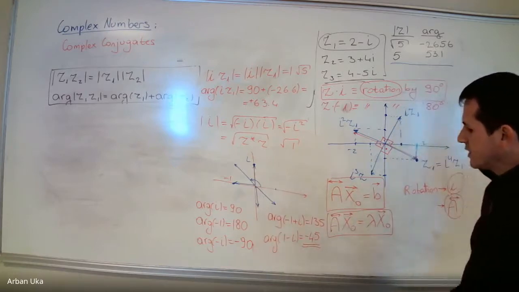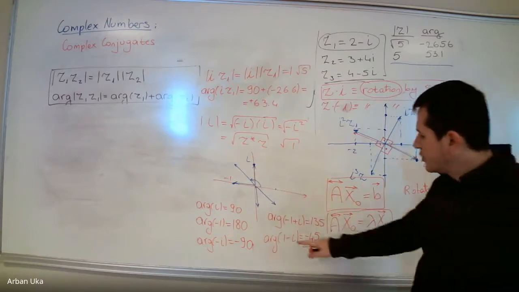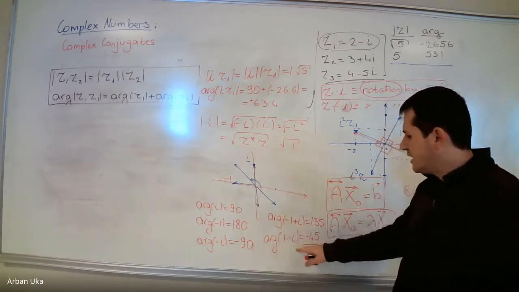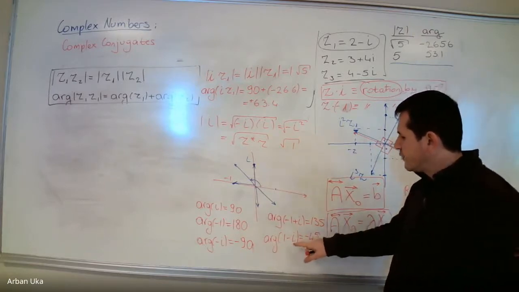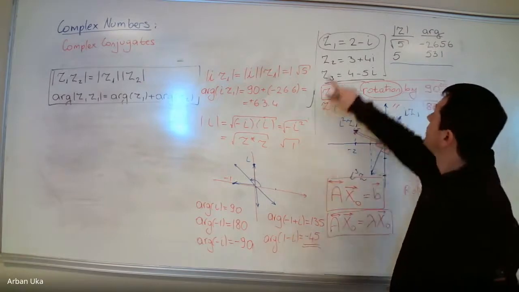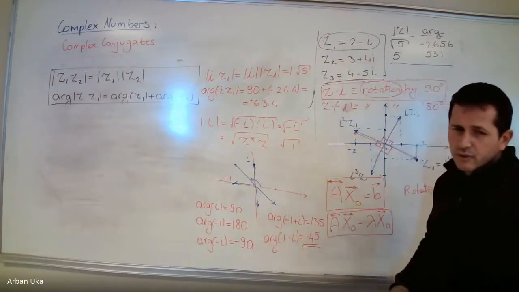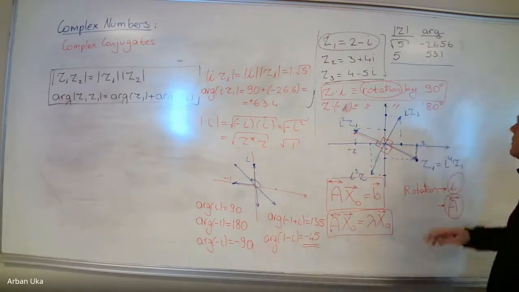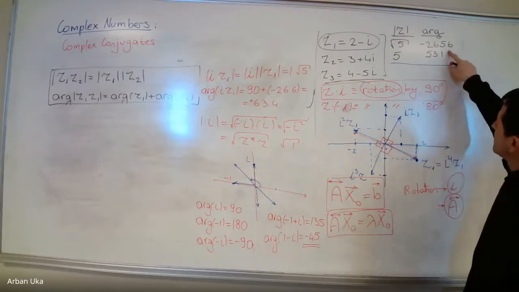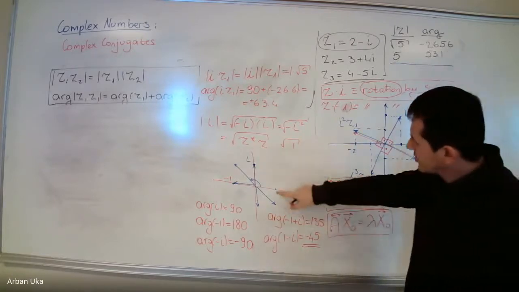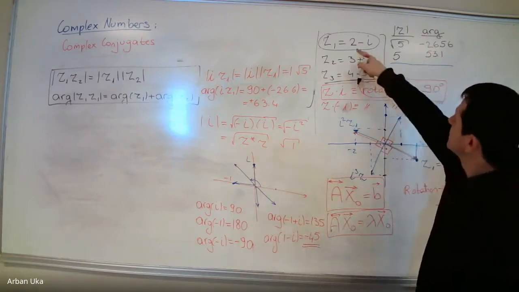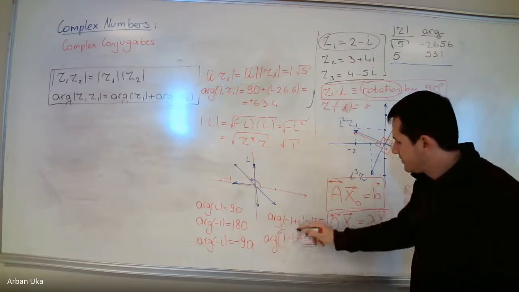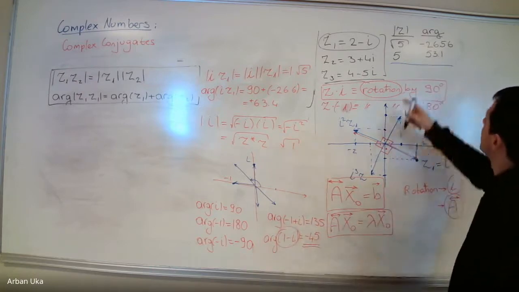So now, the argument of 1 minus i is minus 45. That means that if we multiply 1 minus i with Z1, what will happen to Z1? The answer is it will go from minus 26.56 by another minus 45 degrees. So we are discussing multiplying Z1 with this number here. Where is minus 26?